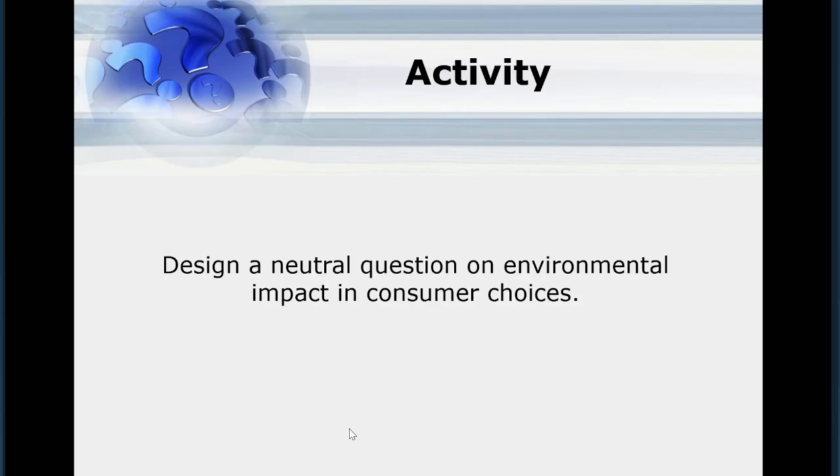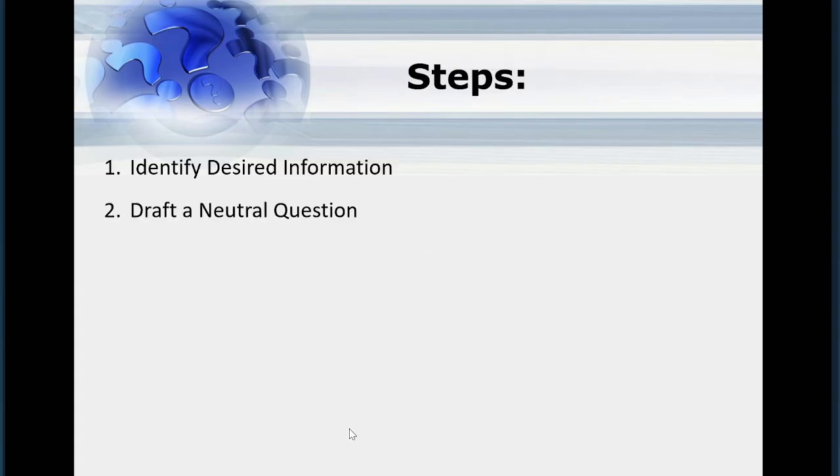You can design a neutral question on environmental impact in consumer choices. For this, you can identify desired information and then you can draft a neutral question. Actually, you should do it simultaneously here.